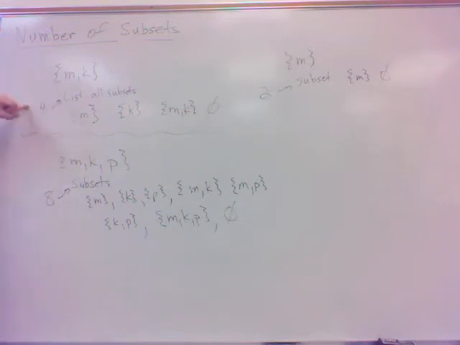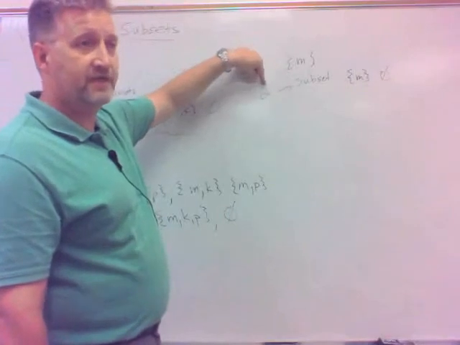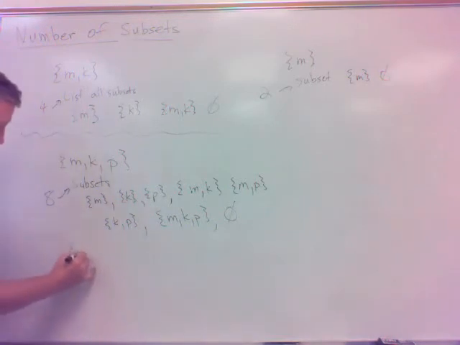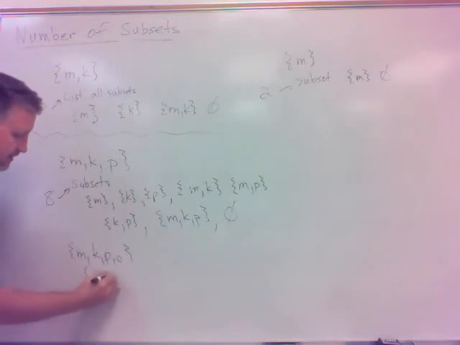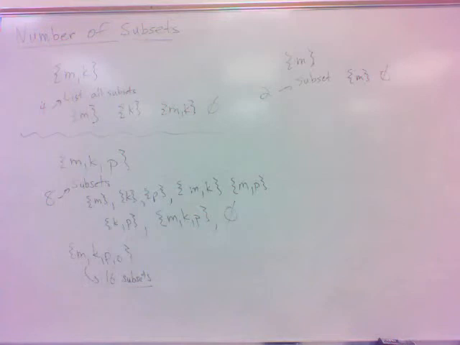Well, this one we had 4. We added an element, we had 8. What seems to be happening there? Well, let's look at it from here. If I only have 1 element, I have 2 subsets. If I have 2 elements, I have 4. If I have 3 elements, I have 8. What seems to be happening there? Aren't they doubling every time? So if I add a 4th element, mustard, ketchup, pickles, and onions, probably going to be how many? 16. Yeah, it doubles.